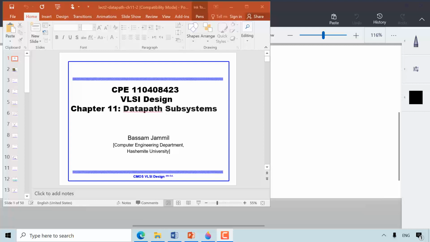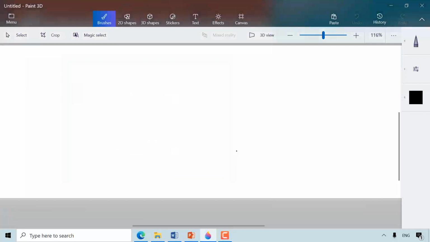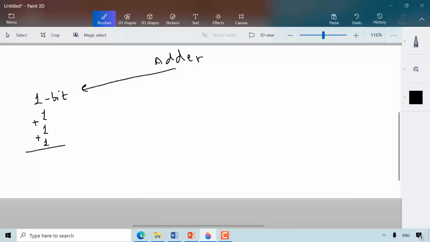Of course, first, let's talk about what we have covered so far about adders. We looked at adding one bit and one bit, like 1 plus 1 plus 1, and we said we could do this with a full adder.